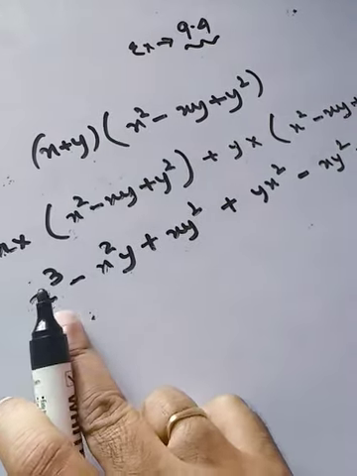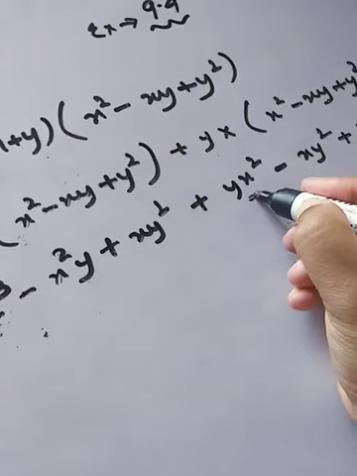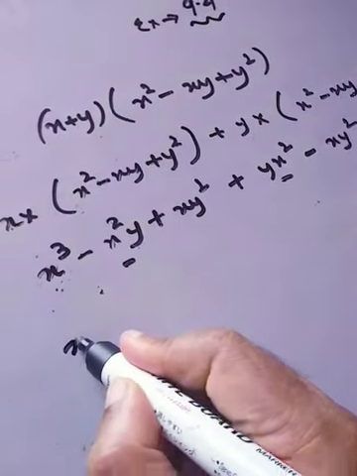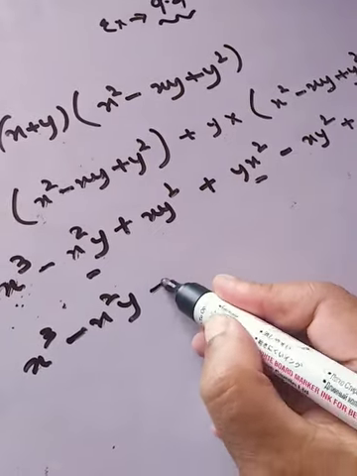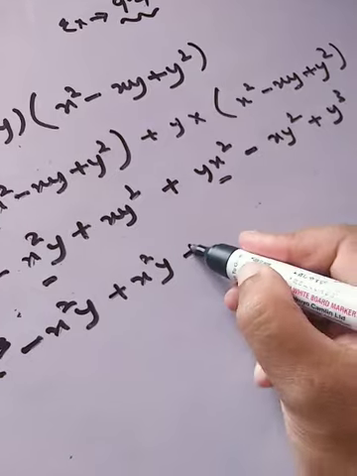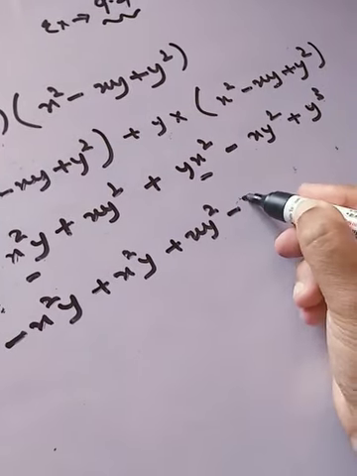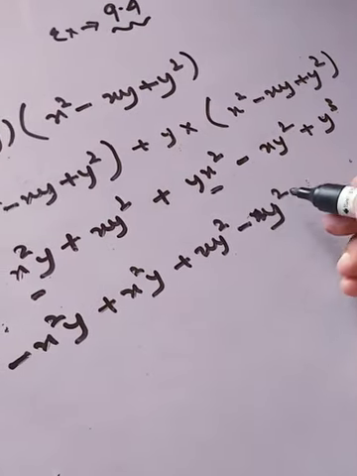Okay, so x cube, no other x cube is there. X square y, yes, these two are x square y, so we have to bring them together. So x cube minus x square y, this is also plus x square y. Now is there any xy square? Yes, so we'll do xy square minus xy square, this is xy square plus y cube.